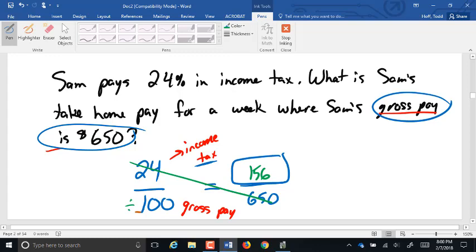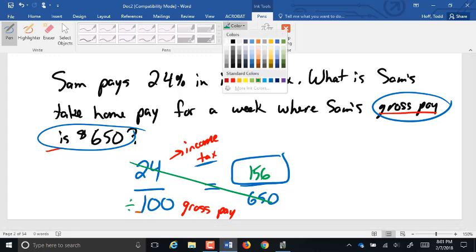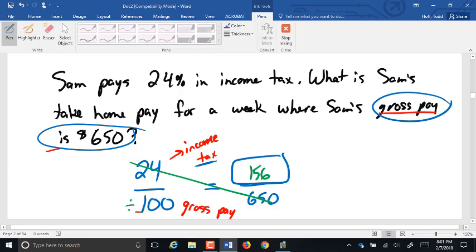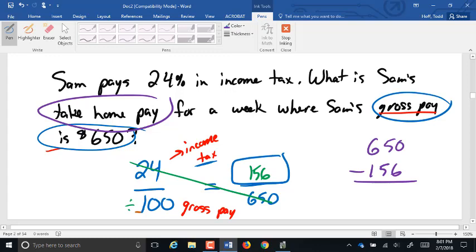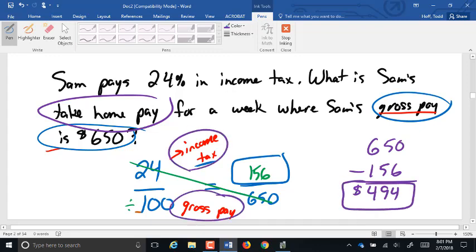That's the amount of the tax. If we know that the tax is $156, can we use that to find the take-home pay? Yeah, 650 minus 156. That's going to give us $494 take-home pay.